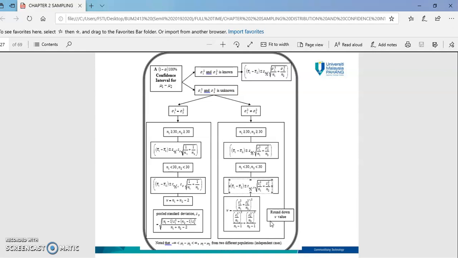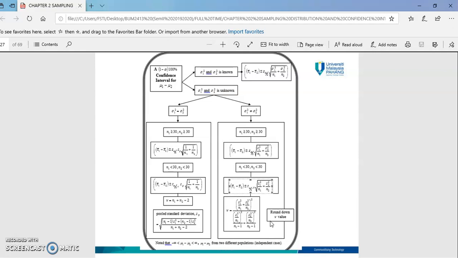So how do we decide which formula to use? We have three different conditions that we have to consider in order to know which formula to use.